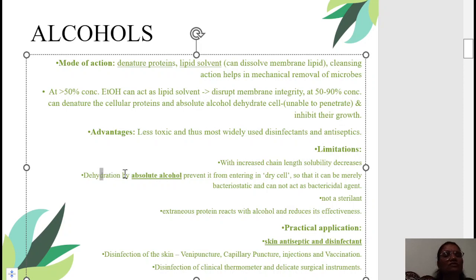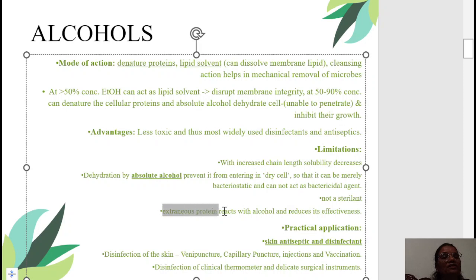That means it acts as an inhibitory agent, not as a killing agent. So here it remains just a bacteriostatic agent rather than bactericidal. In addition, whatever the concentration we use, it is mostly reported to act as an inhibitory agent rather than a killing agent. So it is not a sterilant because it is not able to destroy endospores. We cannot say it to be a sterilant.